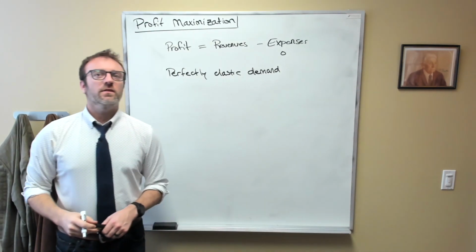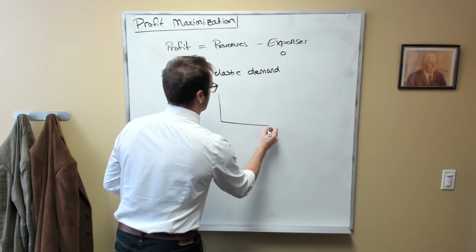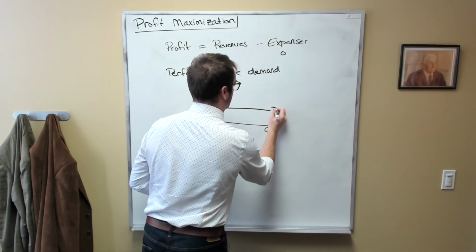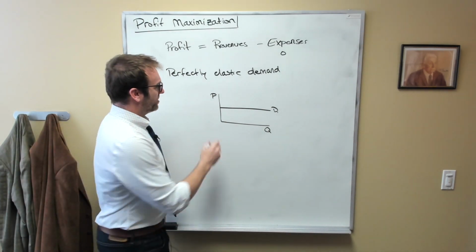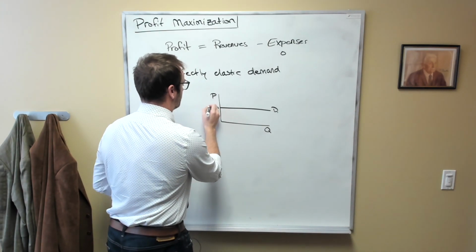Now, what perfectly elastic means is that the demand curve for this product is actually just horizontal. For simplicity, let's pretend that the price here is equal to $2.50.